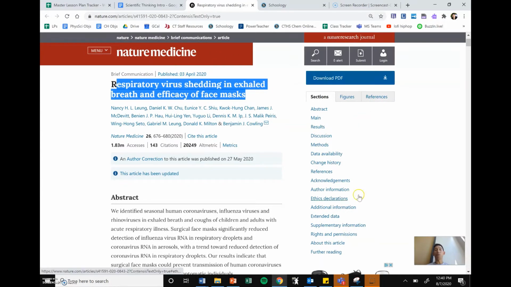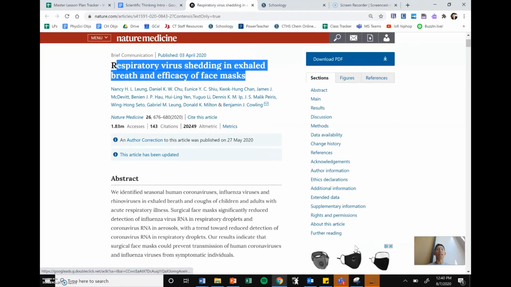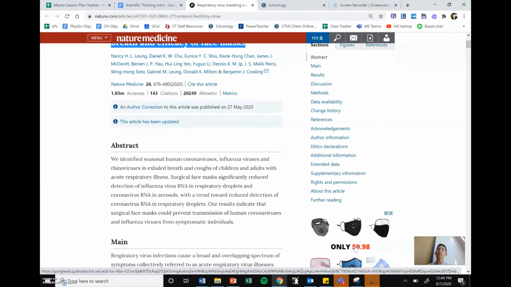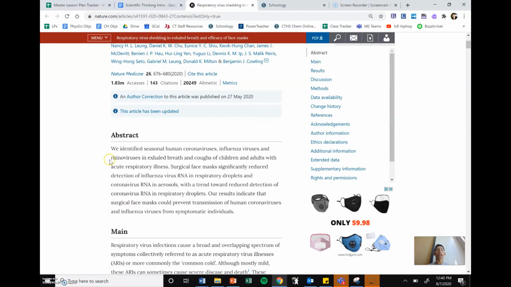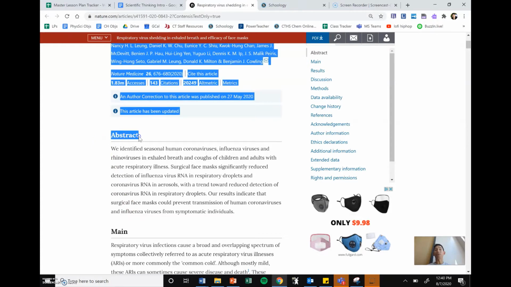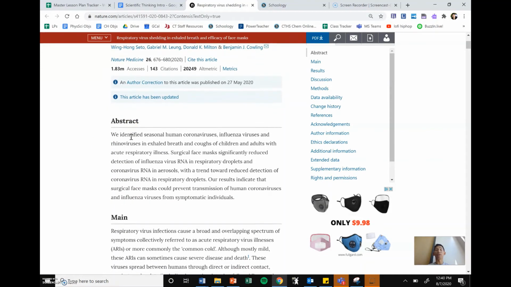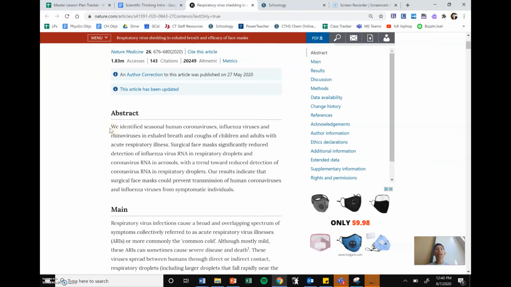Other features about the website may be able to give you a sense of whether or not it's a good source. Let's read a little bit of this article to see if it's a primary or secondary source. Abstract. That's a shortened version of the article. We identified seasonal human coronaviruses, influenza viruses, and rhinoviruses in exhaled breath and coughs of children and adults with acute respiratory illness.